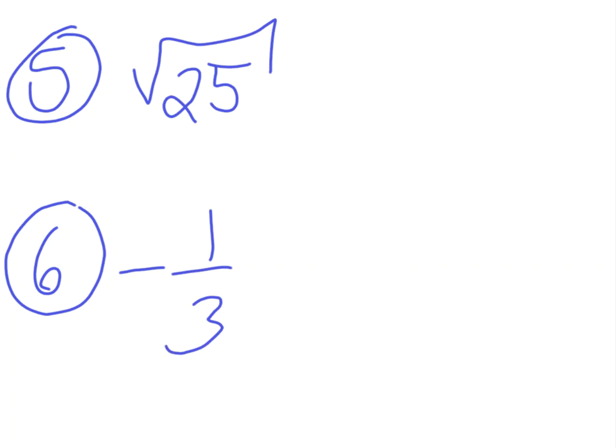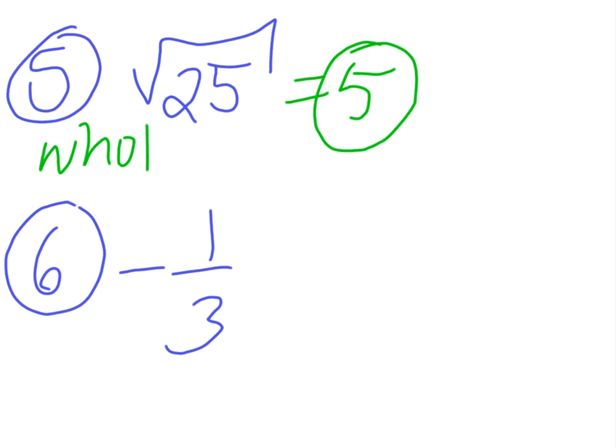Okay, so the square root of 25, if we look it up, is 5. So essentially the number we're looking at is 5. So we know that 5 is a whole number. It can be written as a fraction, as 25 over 5.